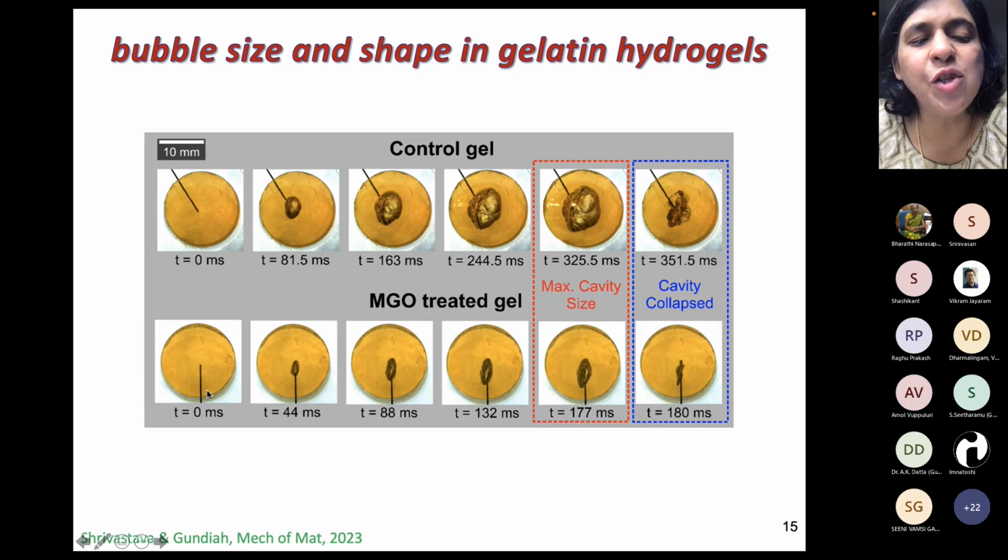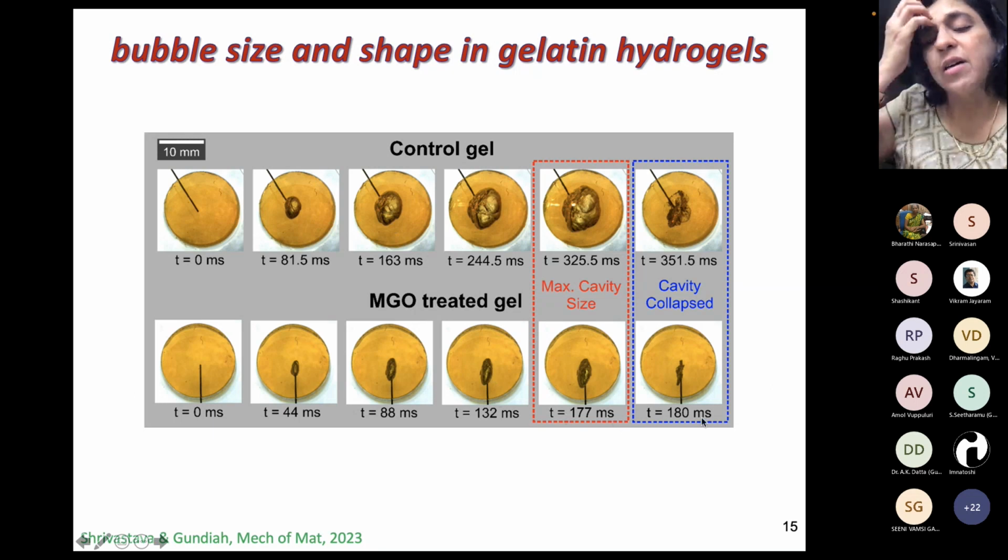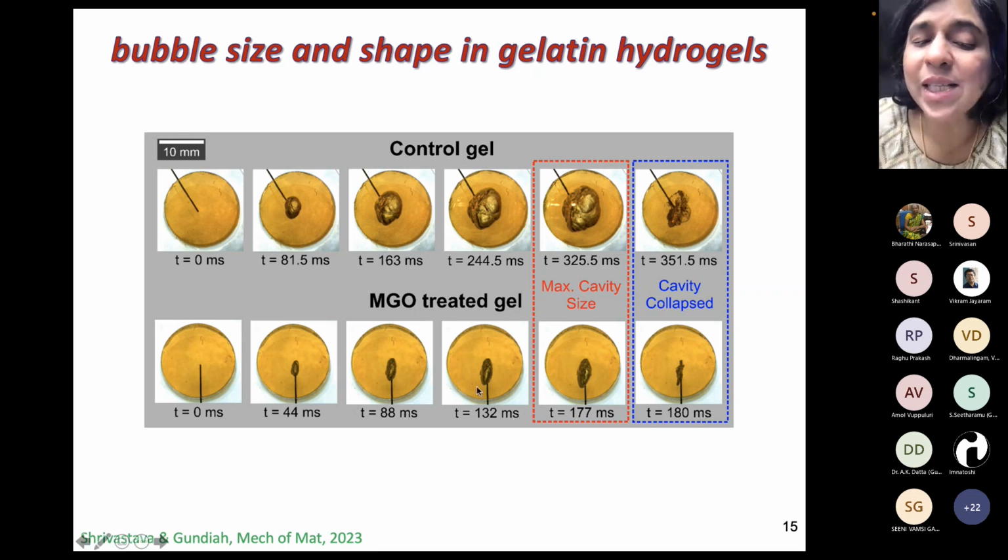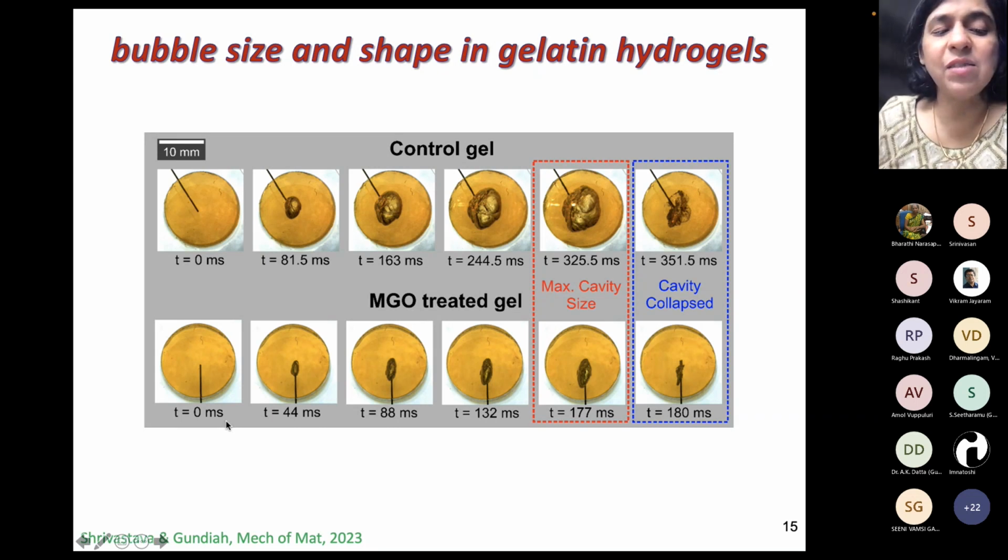In contrast, the MgO gel, this is the needle here, it seems to grow almost elliptically. So this is more like a penny-shaped crack, whereas this seems to grow like a sphere, or a spheroid, inside the hydrogel. This part really intrigued us, and also the times that you see over here are telling you that the bubble collapse happens much quicker once the inflation starts inside the hydrogel, and that is when we start tracking it from time t equals 0.